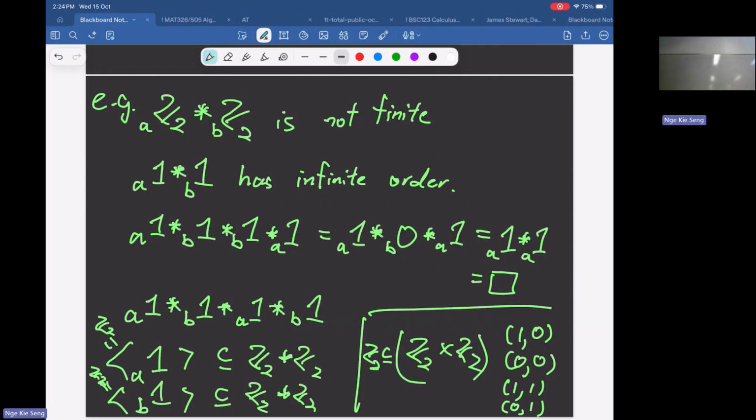There is a Z2 here. I think this is the Z2, right? You get this form of order 2 subgroup, but this one here is never either one of the Z2. This is another order 2 subgroup. Unless you identify this 1, 0 as the element inside here. But Z2 only has 0, 1.